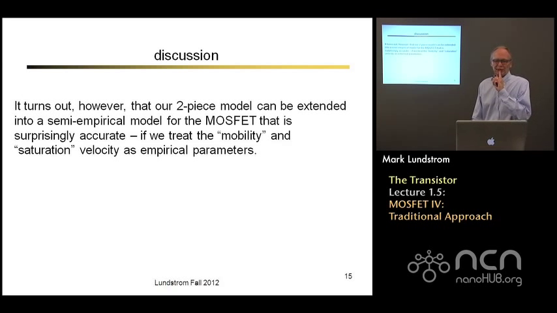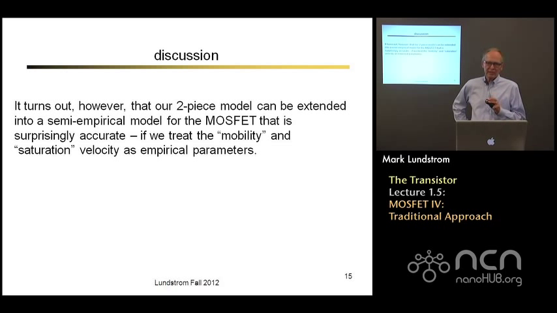So there's some interesting physics that we're going to have to describe, but one of the things that is very interesting is that people still use this model. And it still does a good job of fitting the IV characteristics if we think about these parameters as empirical parameters. If we can adjust the mobility and the saturated velocity just a little bit, we can fit the IV characteristics of a MOSFET. Now it's interesting to ask why that is.